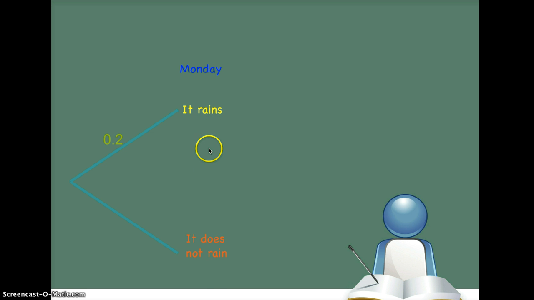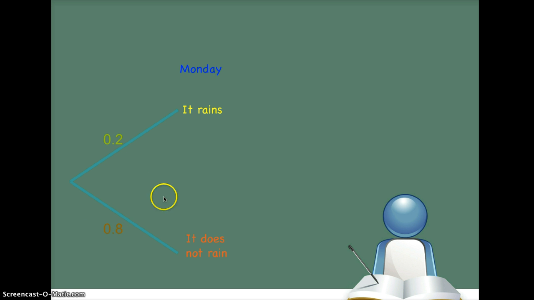These two events are mutually exclusive because these two events cannot happen at the same time. If you have two mutually exclusive events, you know that if you add up these events, it should equal 1 or 100%. So if we know that the probability of raining is 0.2, what is the probability then that it won't rain?